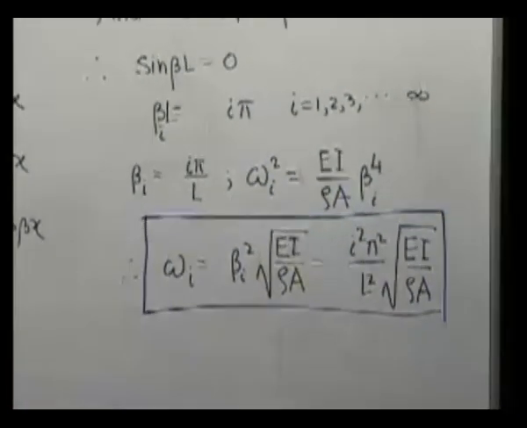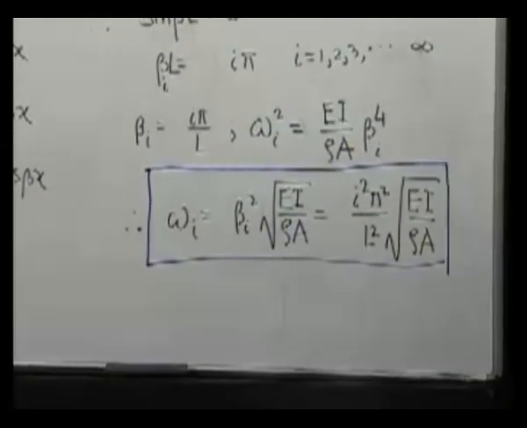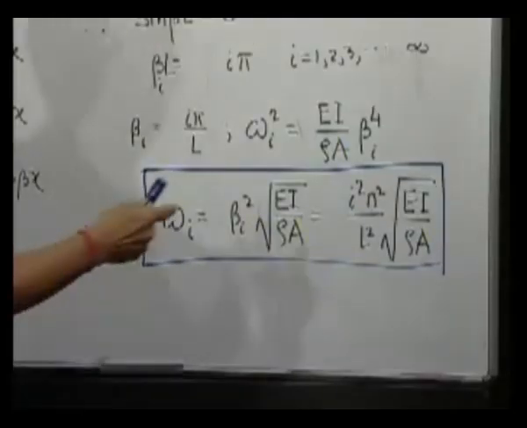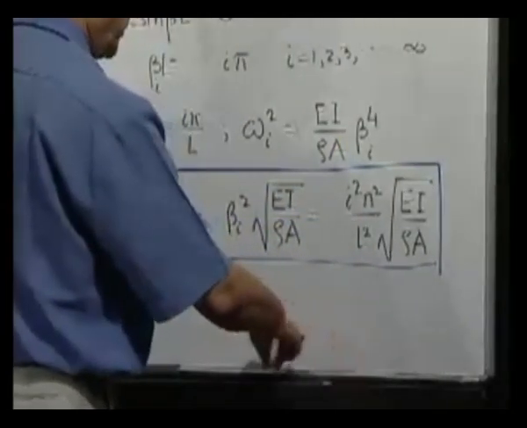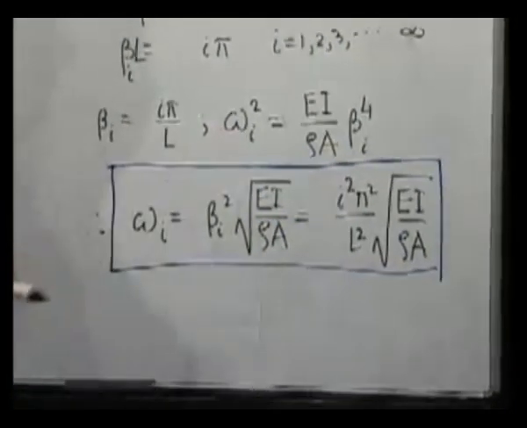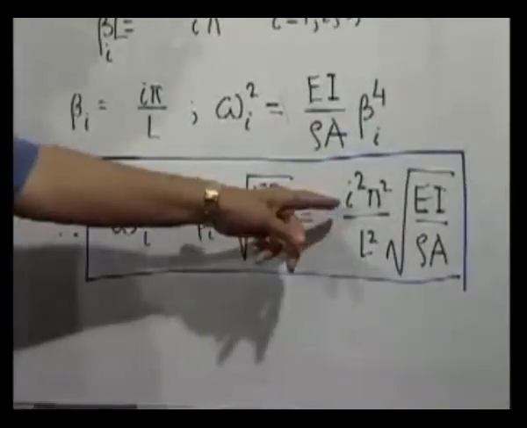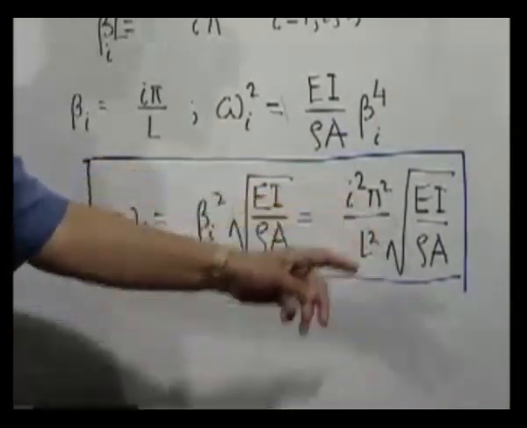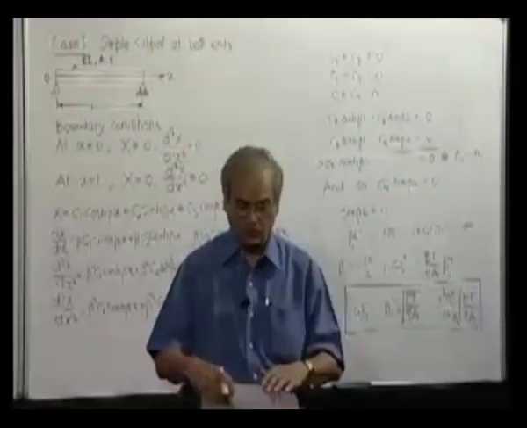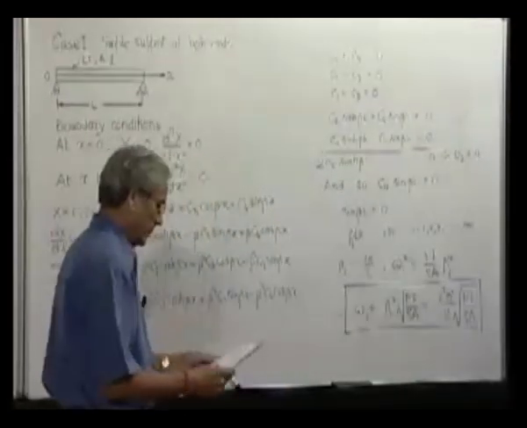So when I is equal to 1, that is the fundamental frequency, that is equal to pi square, which will be something like 9 point something. Second frequency will be obviously 2 square into pi square, that means 4 times that, and so on.